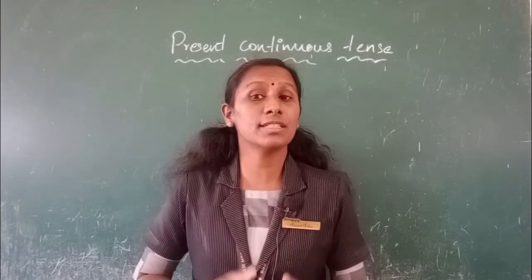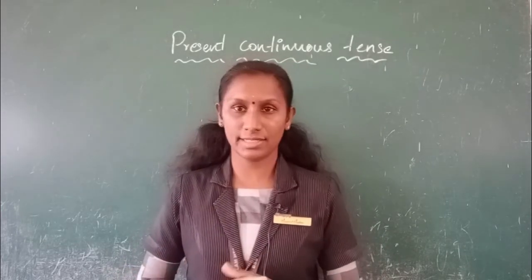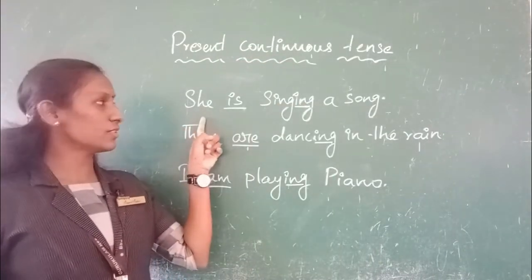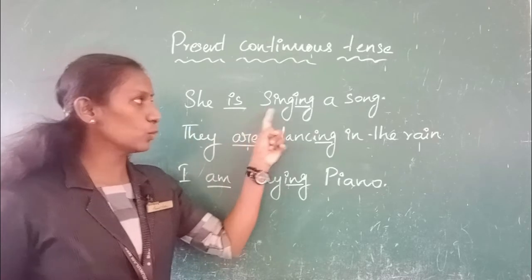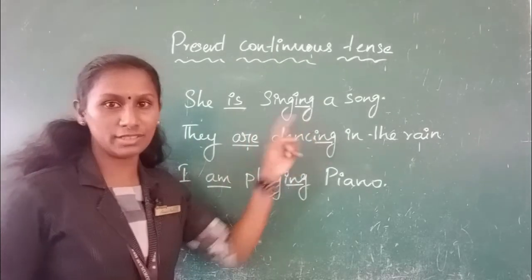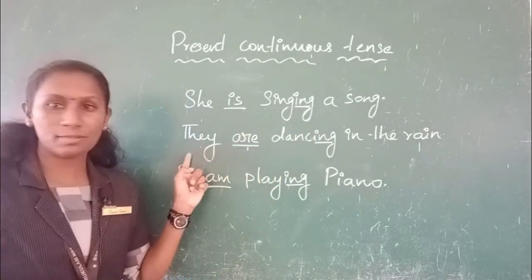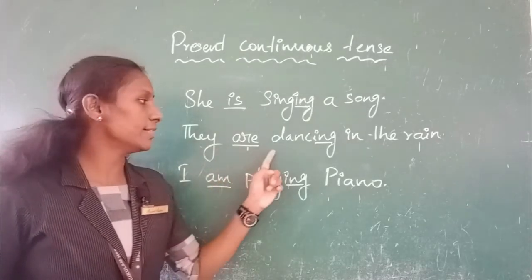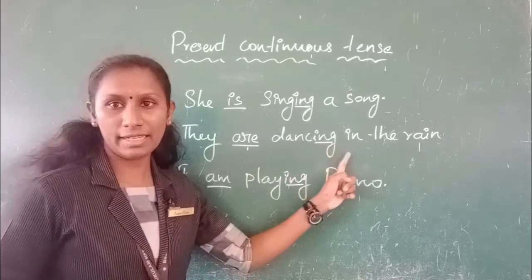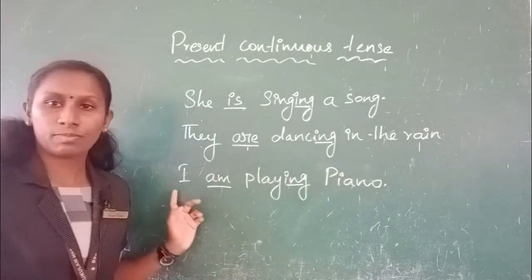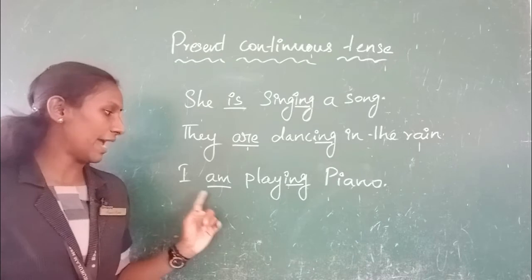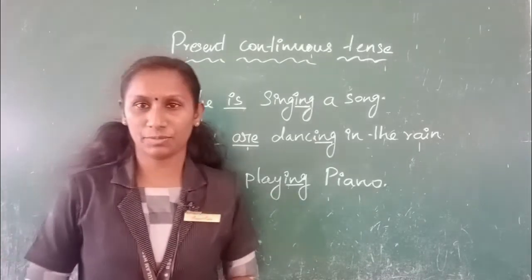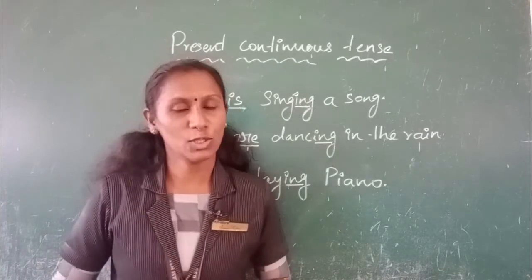And if the subject is I, am is added. For example, here the subject she is singular, so we added is plus verb plus ing. And in the second sentence, the subject they is plural, so we added are plus verb plus ing. And in this sentence, I is singular, so we added am plus verb plus ing. Is it clear, children? Okay.